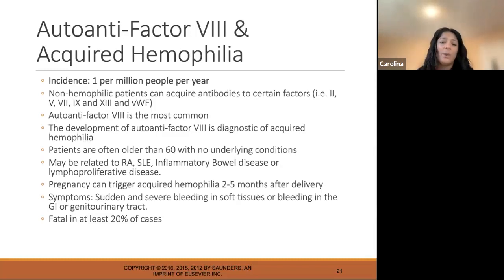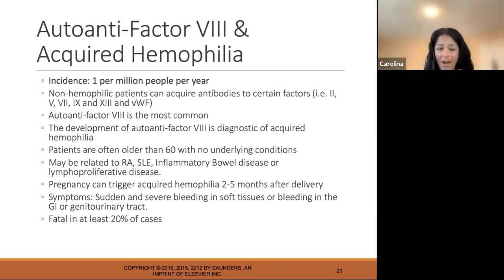But the condition is called acquired hemophilia because something is resembling hemophilia, okay? And in this particular instance it is auto anti-factor VIII, which is an autoantibody formed against factor VIII. And it occurs at 1 person per million people per year, okay?